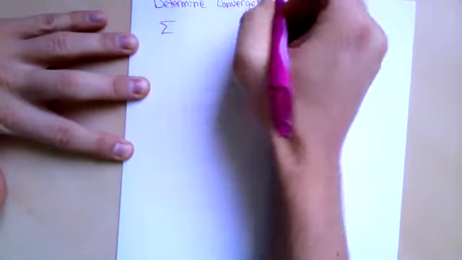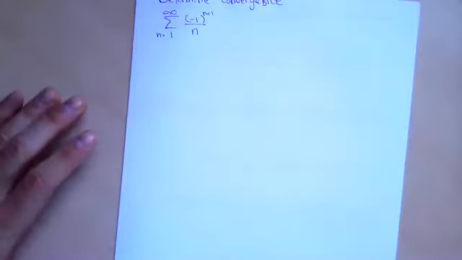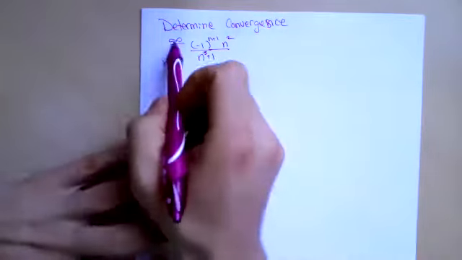Determine the convergence of minus 1 to the n over n. And actually, let me see. I think I had a different example here. Let's write this as n squared on top and n cubed plus 1 on the bottom. So we want to determine when and how and if this converges.